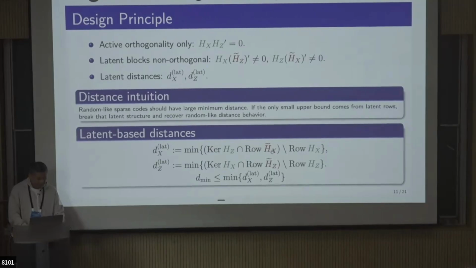So the shift is this: design only the active part to be orthogonal, and keep the unused parts sufficiently incompatible with the active checks. This keeps the necessary orthogonality, but avoids forcing latent rows to become logicals of the active code. This is the guiding principle behind the construction that follows. In short, we want exactly enough orthogonality for stabilizers, but not so much that the unused rows become dangerous.